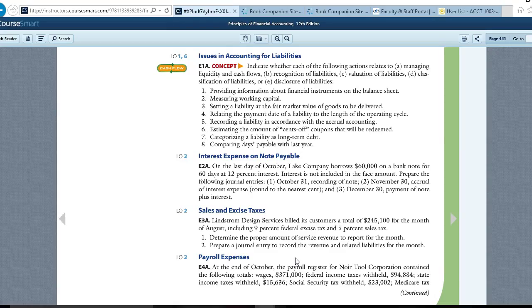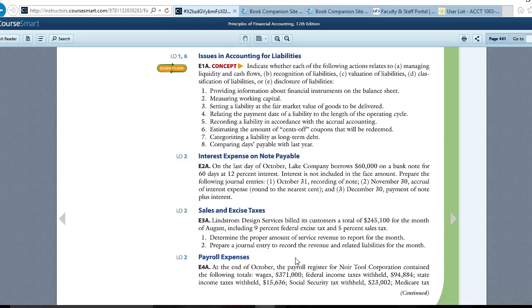Interest is not included in the face amount. Prepare the following journal entries: the October 31st recording of the note, the November 30th accrual of the interest expense, and the December 30th payment of the note plus expense.